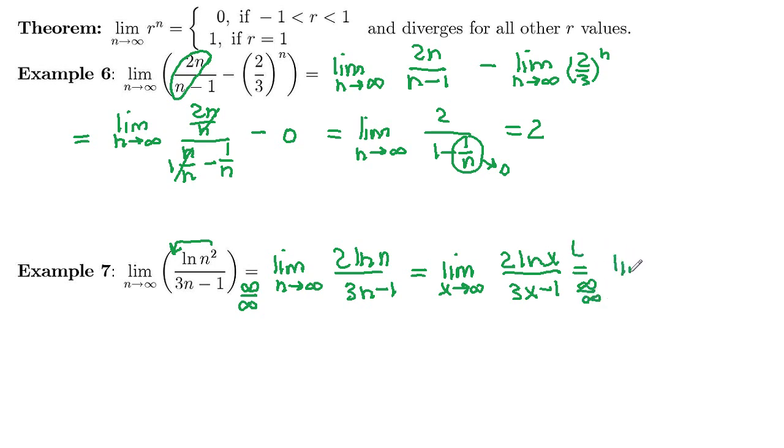So this will be limit as x goes to infinity, and let's see, derivative of top and bottom separately. So this will be 2 times 1 over x, and on the bottom we've got a 3. And so as x goes to infinity, 1 over x approaches 0. So 2 times 0 over 3 is 0. So that limit is 0.